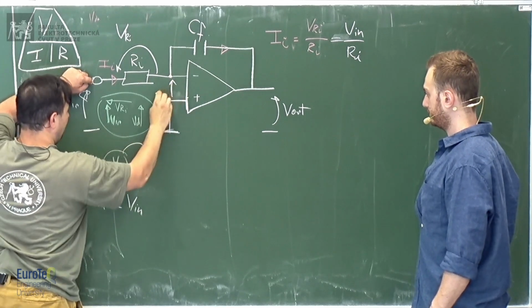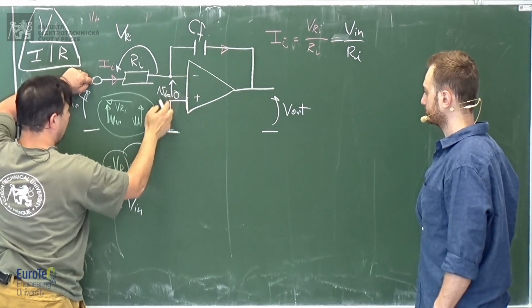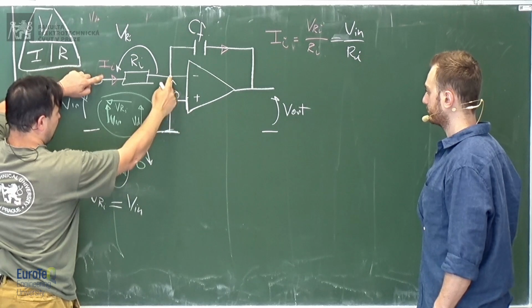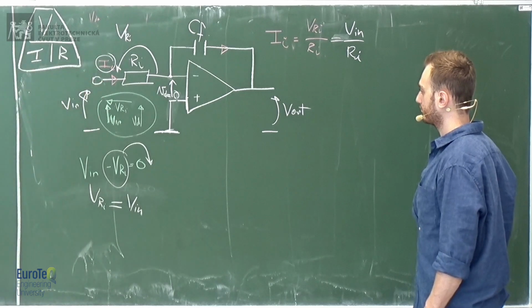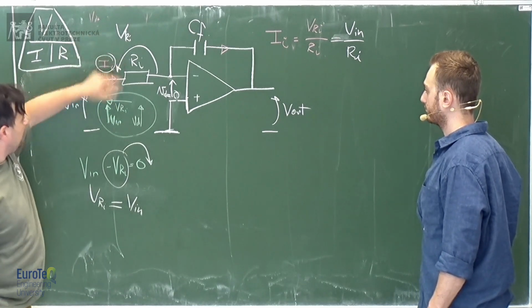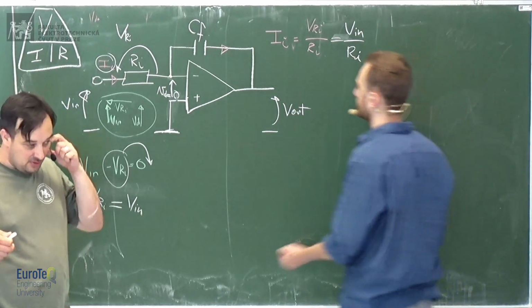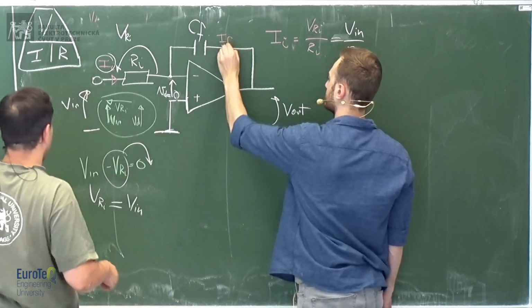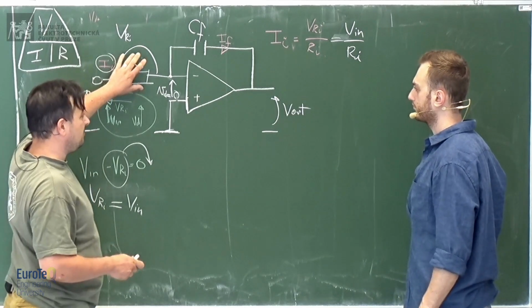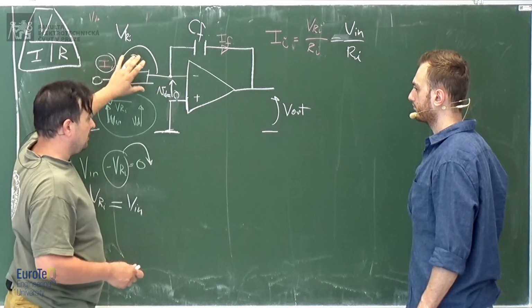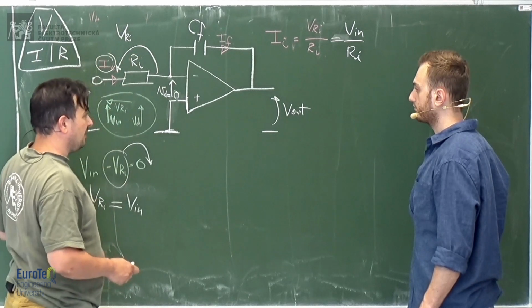Since the voltage between the negative and the positive input is 0, the same voltage that we have here is the same voltage on the resistance, and therefore we can calculate the current which goes through the resistance, which is the input voltage divided by Ri, okay? By the way, I will just say it now because maybe it's obvious, but for some reason people see input voltage, input resistance, and they always think that it is Vin divided by Ri.